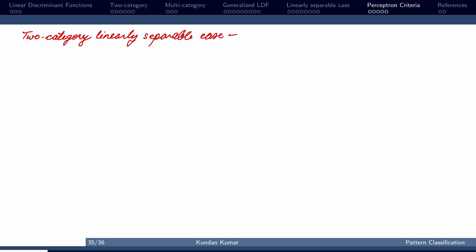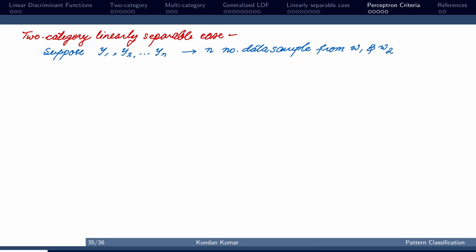Suppose y1, y2 and yn are n number of data samples from class 1 and class 2. So we have a total of n samples. Please note here that these data samples are basically the augmented features.